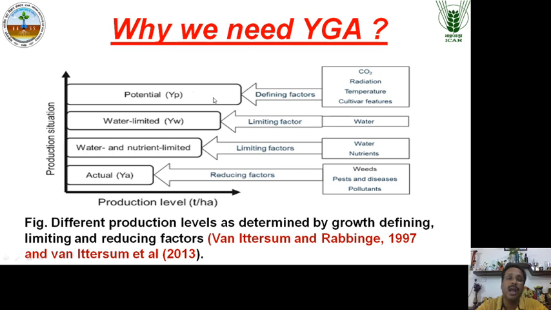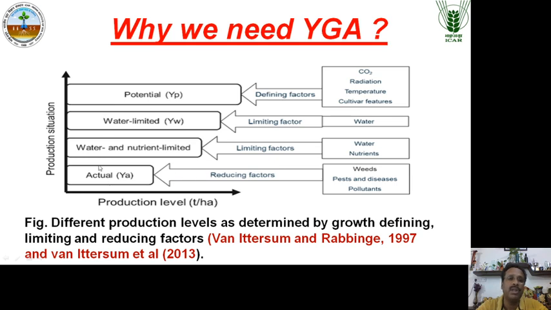You can see how it has reduced from this level to this level. When water and nutrients are both limiting, the yield is reduced again to this level. And when diseases, pests, water and nutrients are all limiting, look at how the potential yield has gone down to this level.